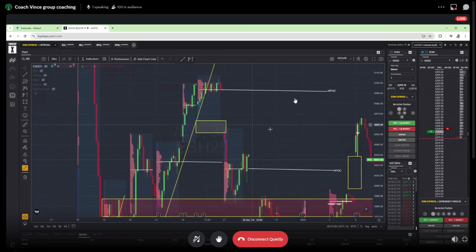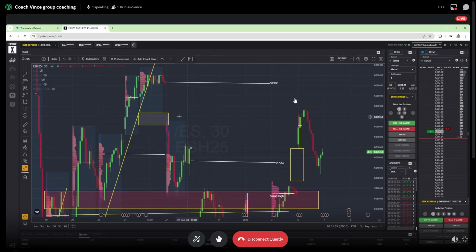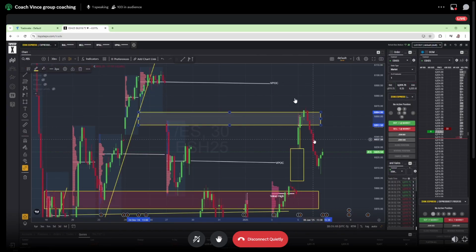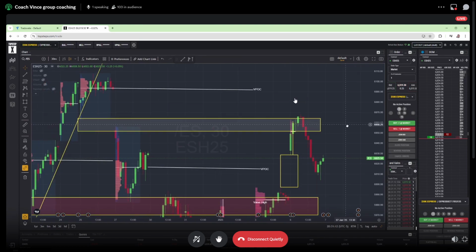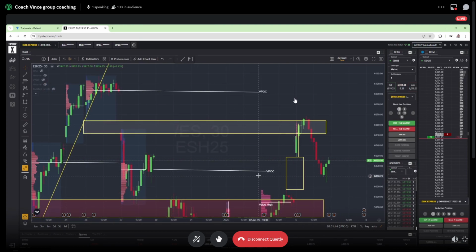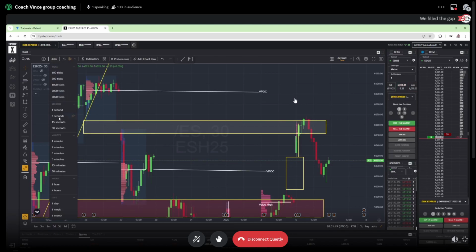All right. So we have an old gap right here. Okay. We still have this outstanding gap. And what happened today? We open above the point of control. We open here, close the gap.